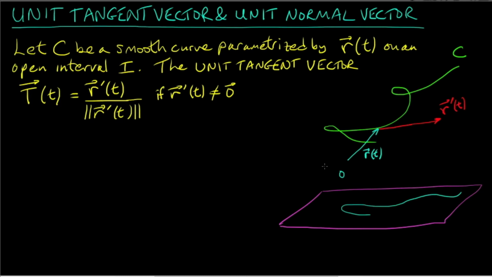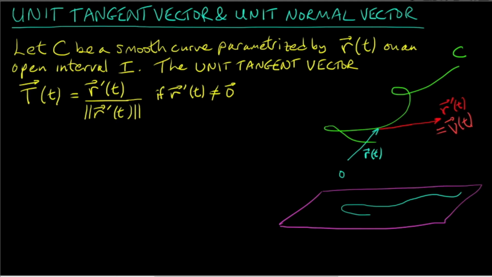Okay, so you have your position vector r, and you have r prime, the derivative of r, which is this red vector here. We can think of this also as the velocity vector, as we did in the previous section.